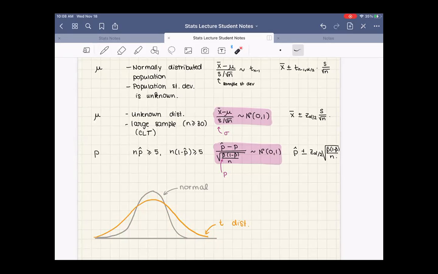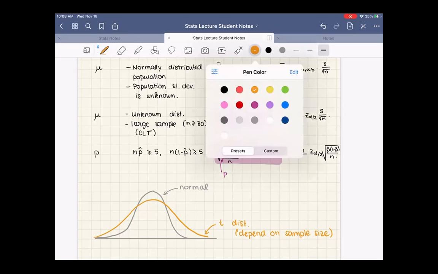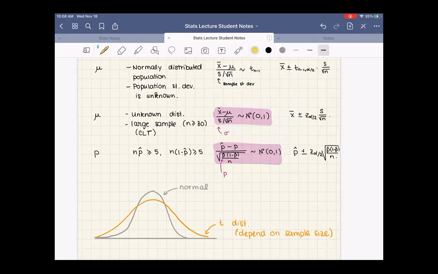Now, that means that the t-distribution is going to depend on the sample size. And the larger the sample size is, the closer this is going to get to the normal distribution. Okay, so for example, if I had a slightly larger sample, this would look maybe like this.